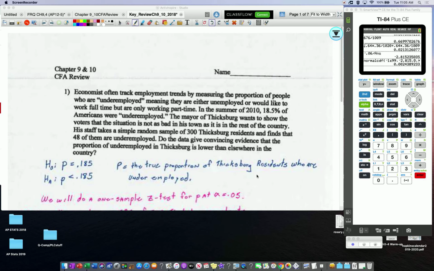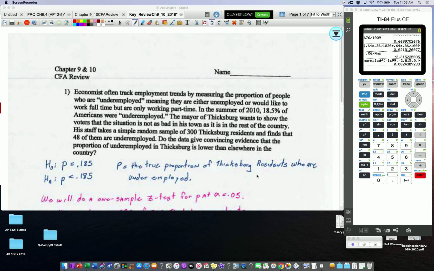The mayor of Vicksburg wants to show that the situation is not as bad in his own town as it is in the rest of the country. His staff takes a simple random sample of 300 Vicksburg residents and finds that 48 of them are underemployed. Do you have convincing evidence that the proportion of underemployed in Vicksburg is lower than elsewhere in the country?